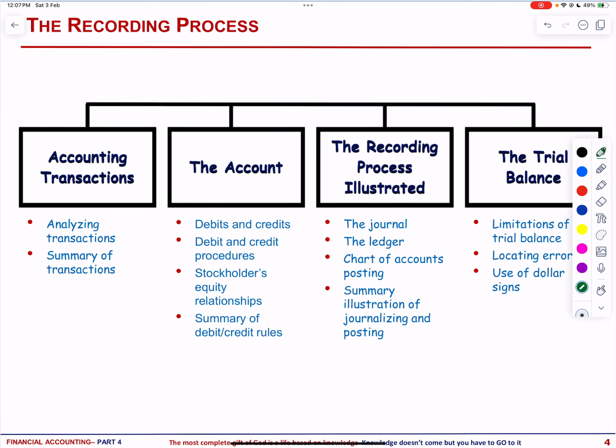In the previous video, we have talked about the analyzing of a transaction and how we record them in the accounting equation. In this video, we are going to talk at length about the journal entries and how we make the debit and credit while journalizing.